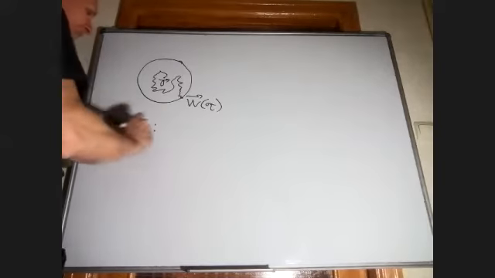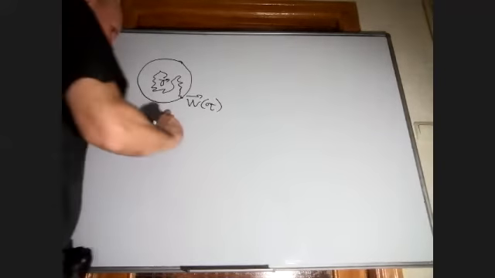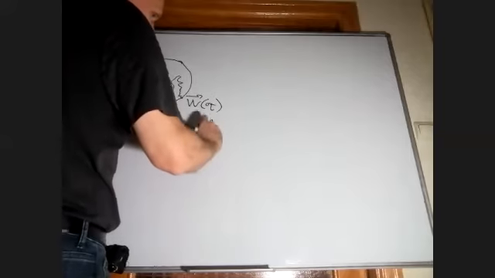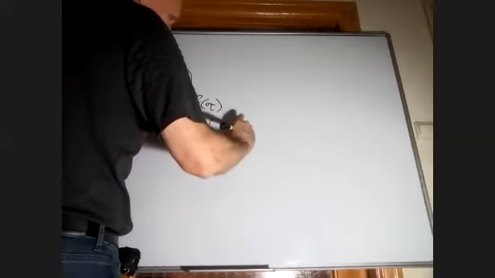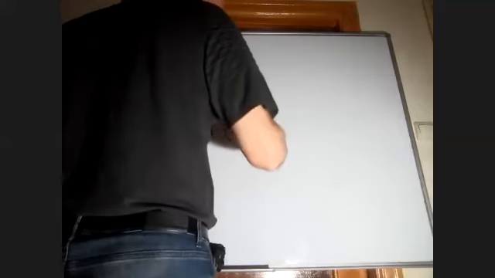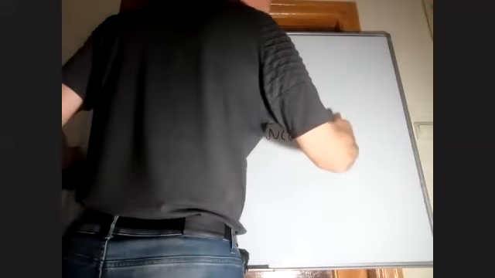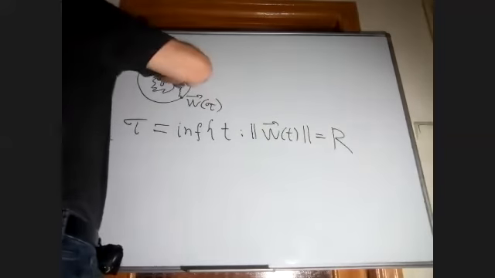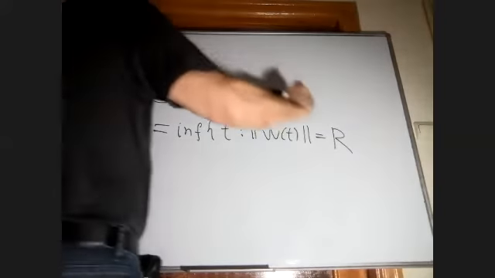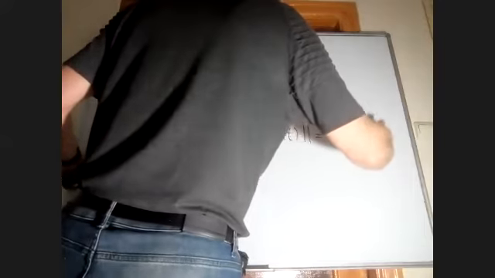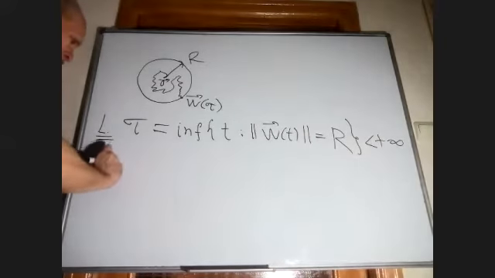So let's prove this lemma. Such tau, which is equal to the infimum of t such that the norm of W_t is equal to R, where R is the radius of the ball, is finite with probability 1.